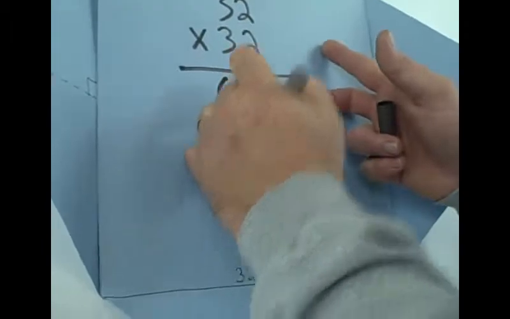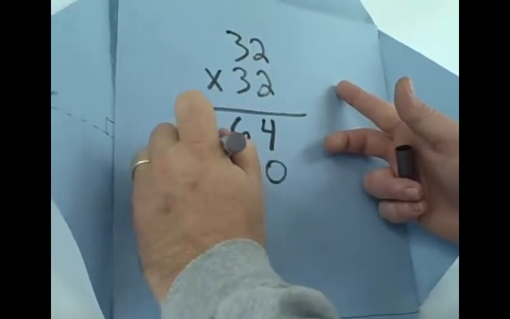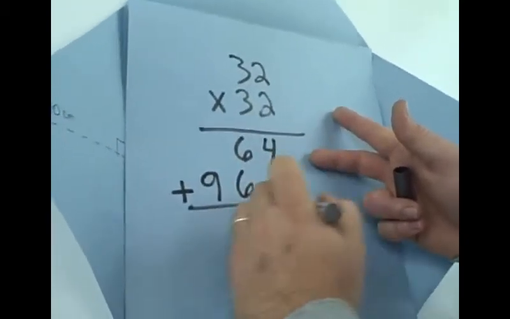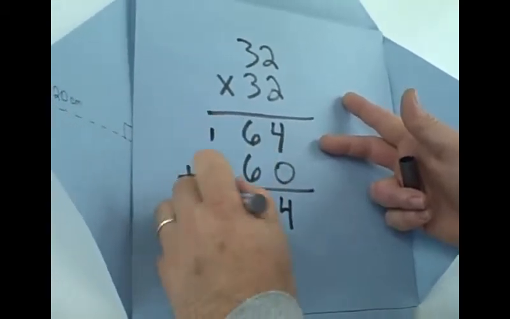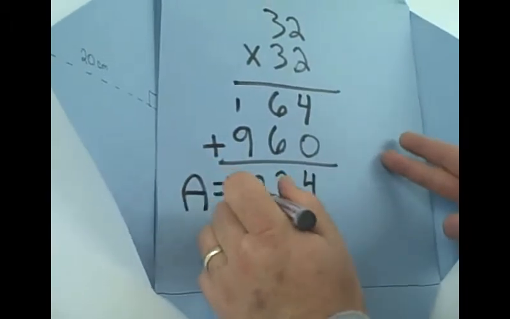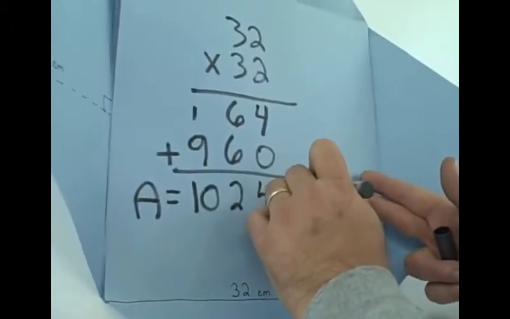Bring it down to 0. 3 times 2 is 6. 3 times 3 is 9. You're going to add these numbers up. 4, 12, and 9 plus 1 is 10. So the area of our square is 1,024 centimeters to the second power.